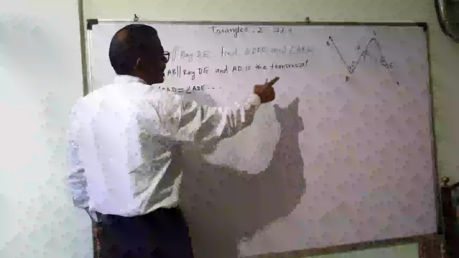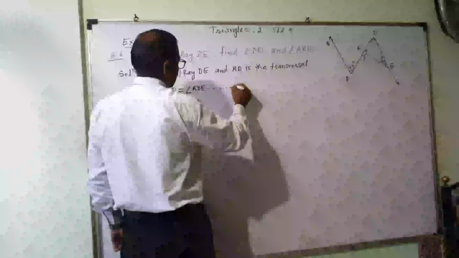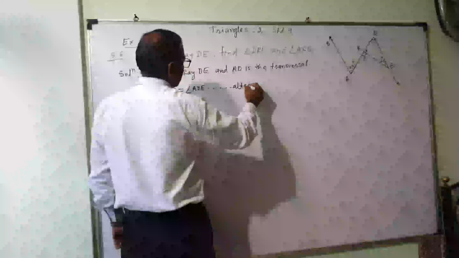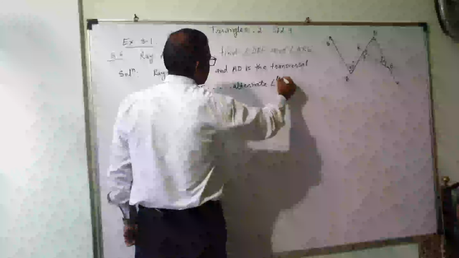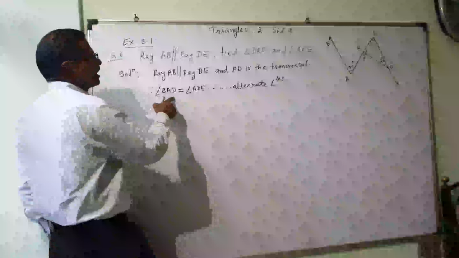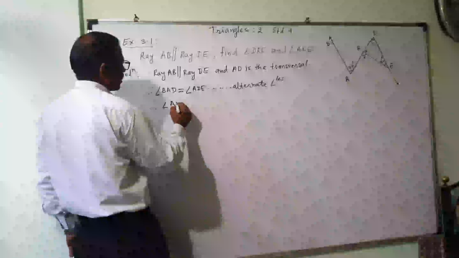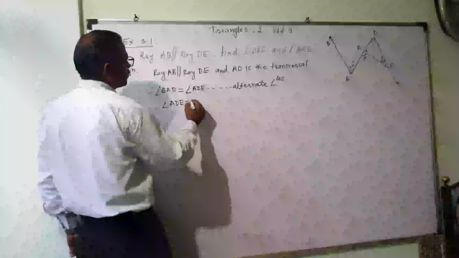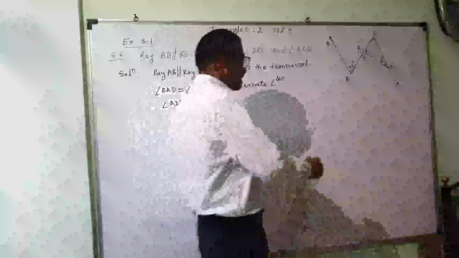Reason is, means angle A and angle D. Reason is alternate angles. Therefore, angle BAD is how much? 70. So angle ADE equal to 70 degree. Now this I have got.